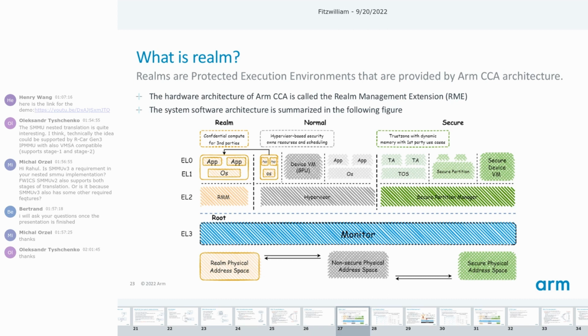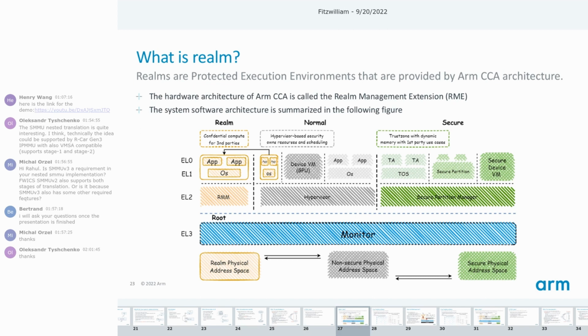It is an extension to the Armv9 A-profile architecture. As seen from the picture, other than the traditional normal, non-secure and secure worlds, RME brings us to a four-world scene with 2 additional security states, root and realm. Along with that, we also have 2 new physical address spaces, realm and root physical address space.